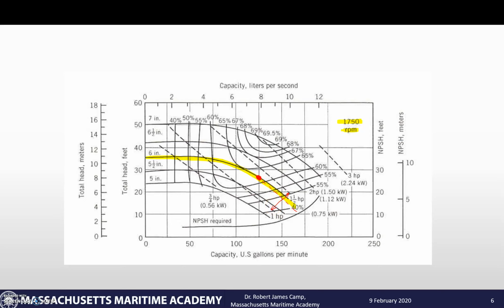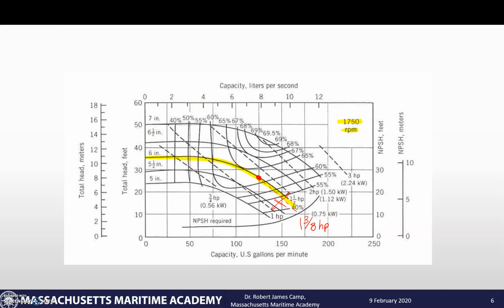I'm between 1 and 1.5 horsepower. Halfway between is about here, which would be 1 1/4, and where we're at looks about halfway between those, so 1 1/4 becomes 1 3/8. So we can say this pump has a brake horsepower of 1 3/8 horsepower.